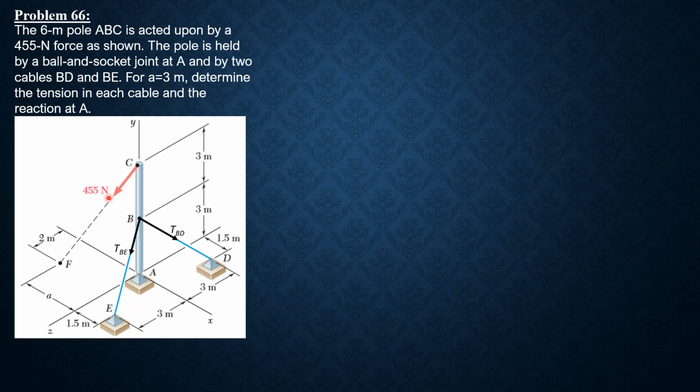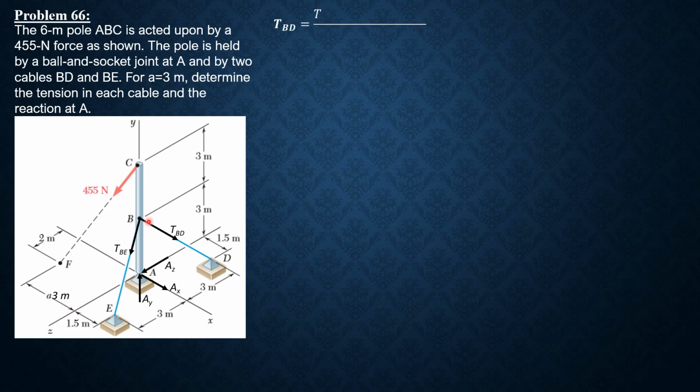Then for 455, we transmit the components of 455 at F. So because this is a ball and socket joint at A, let's assume that the component reactions are all positive or towards the positive directions. Then this is 3 meters.